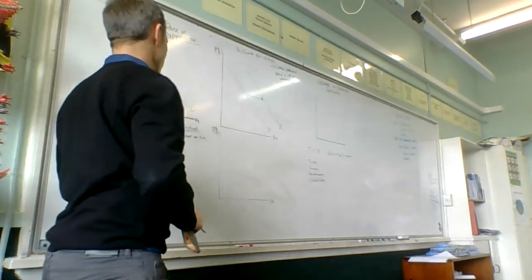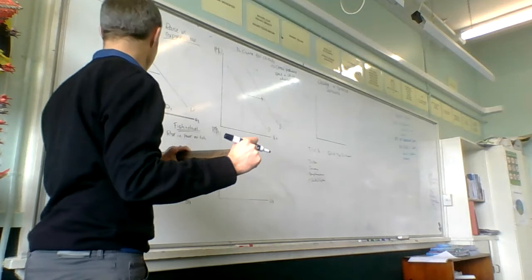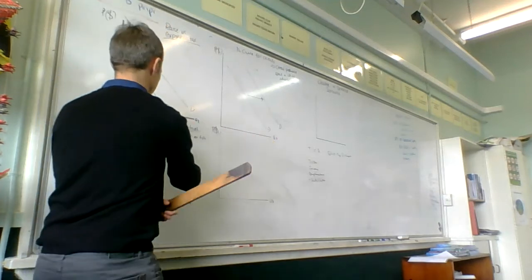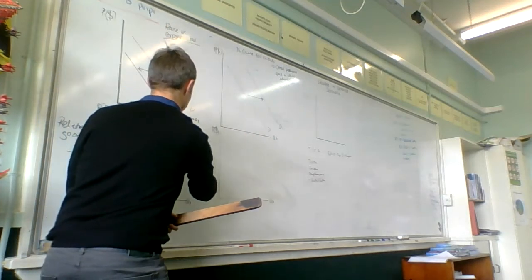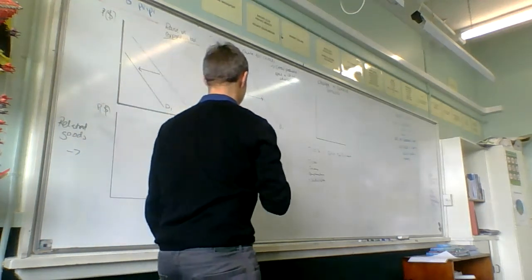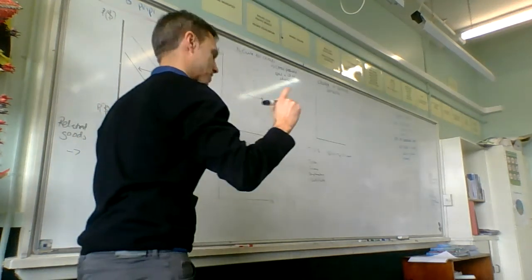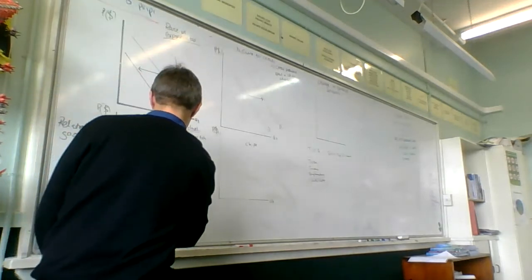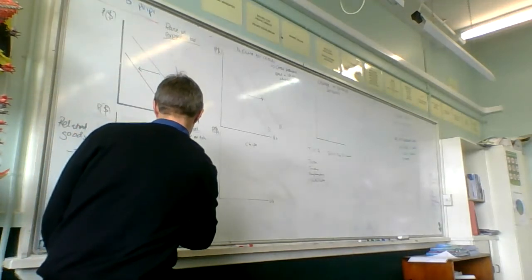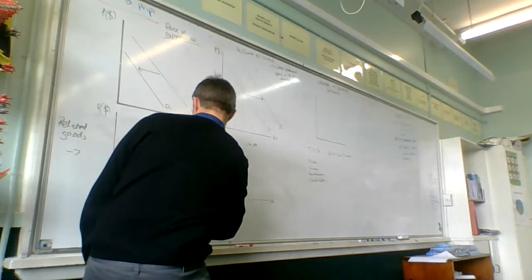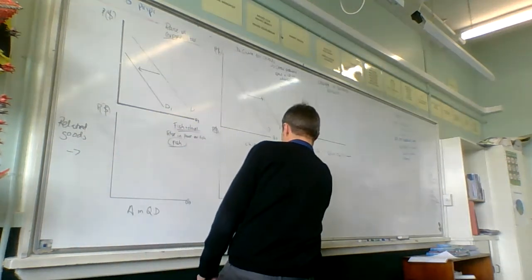So what we need to do is show what is the relationship. In here, we want to see what's happening to the fish. And over here, what's happening to the chips. In this scenario here, we have a change in the quantity demanded, and over here will be a change.